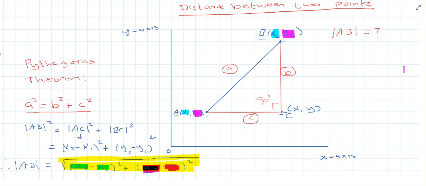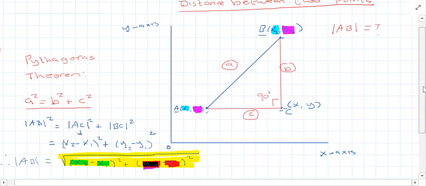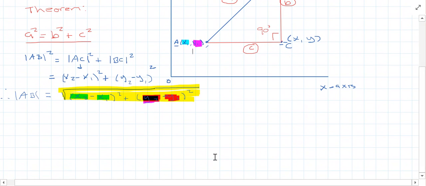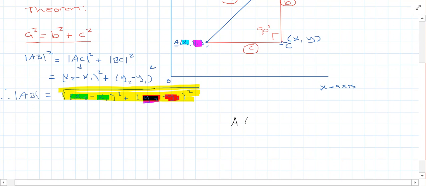So let's just work through an example of that. Imagine we have point A, let's write this in. Point A is 3 and 2, and then point B is 7 and 5.